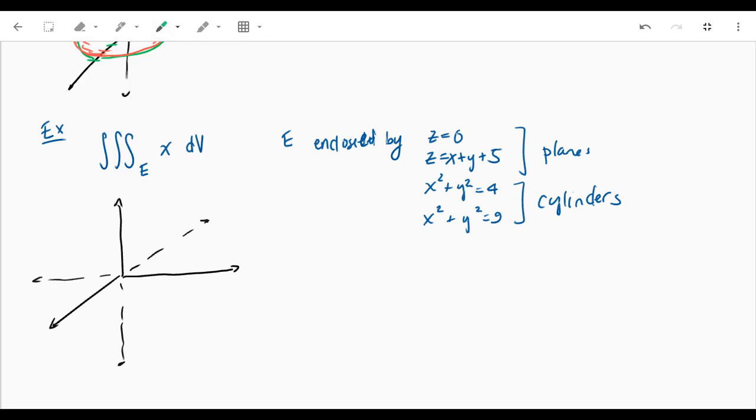So x squared plus y squared equals 4 will be r equals 2, right? R squared equals 4, so r equals 2. And this one would be r equals 3. So just swap out your x squared plus y squared for r squared. R squared equals 9, so r is 3. So we want to go between 2 and 3.